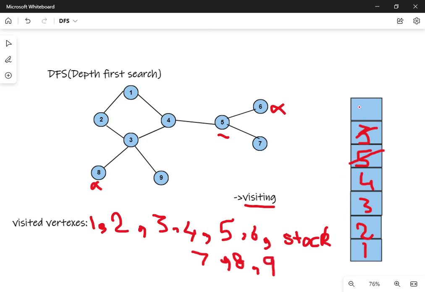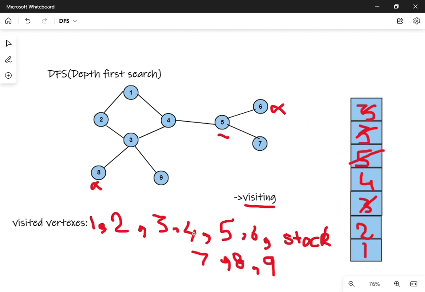So I am putting 3 again into the stack and cancelling it, because all the adjacent vertices of 3 are visited, which are 2, 8, 4, 9. One thing is that we can put a vertex more than one time into the stack, like here we put 3 three times into the stack. So in DFS we can do this.